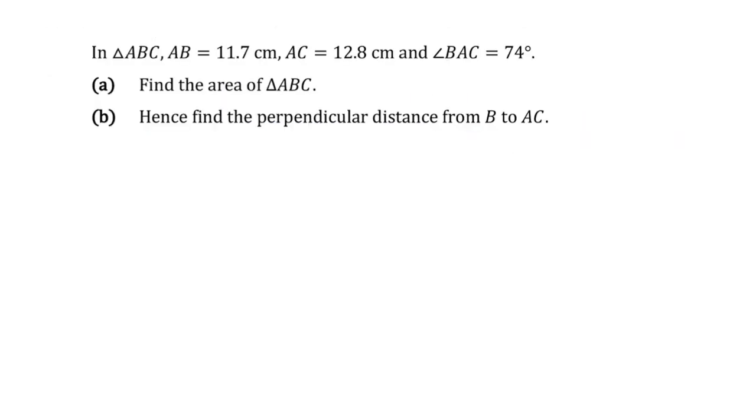Hello everyone, welcome to this question where we are given in words triangle ABC, where AB and AC and angle BAC is given. Find the area and hence find the perpendicular distance of B to AC. Well, the best way to approach this question is by first and foremost trying to sketch this triangle out.